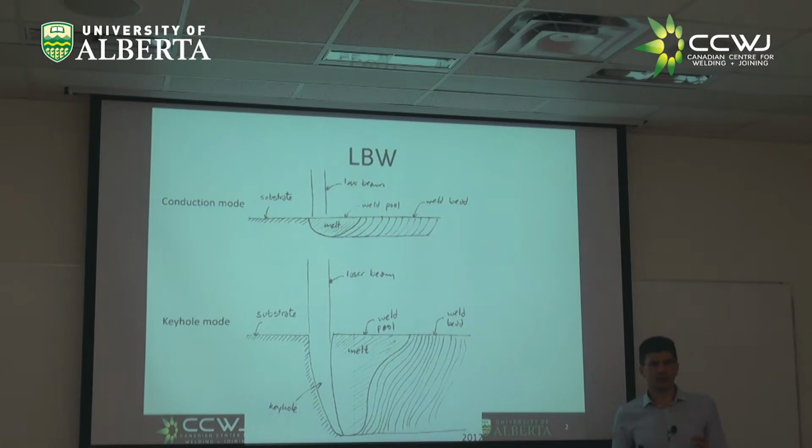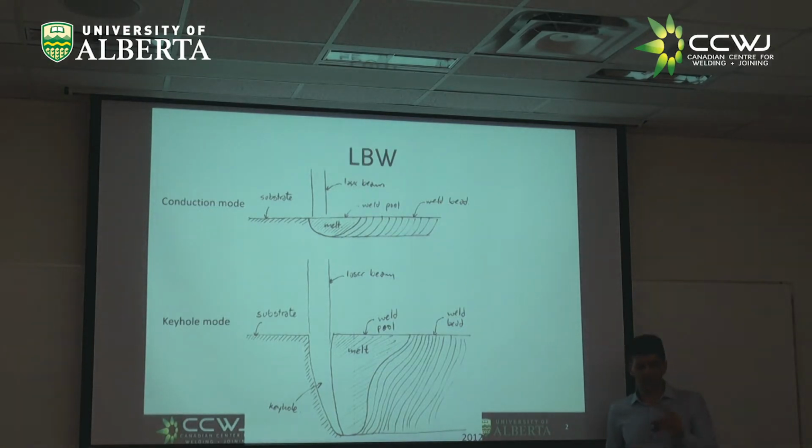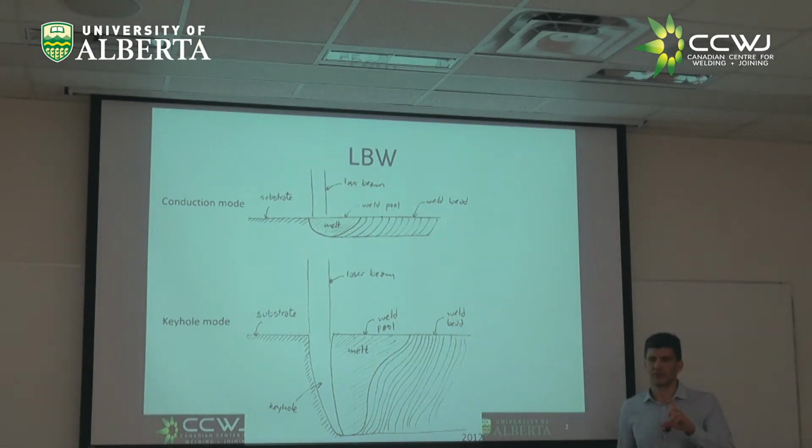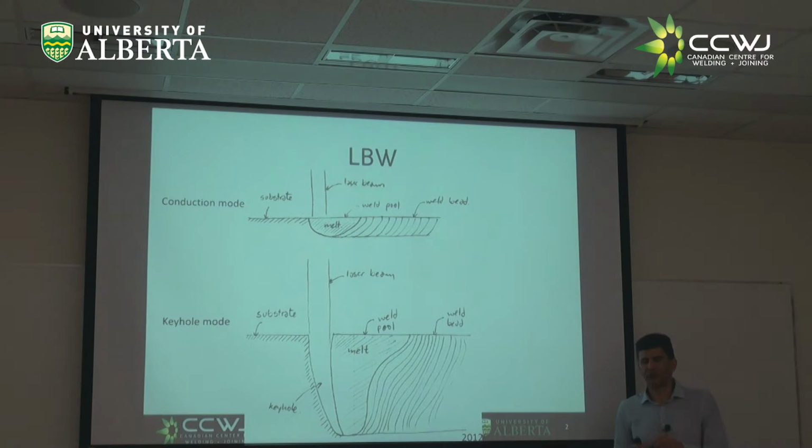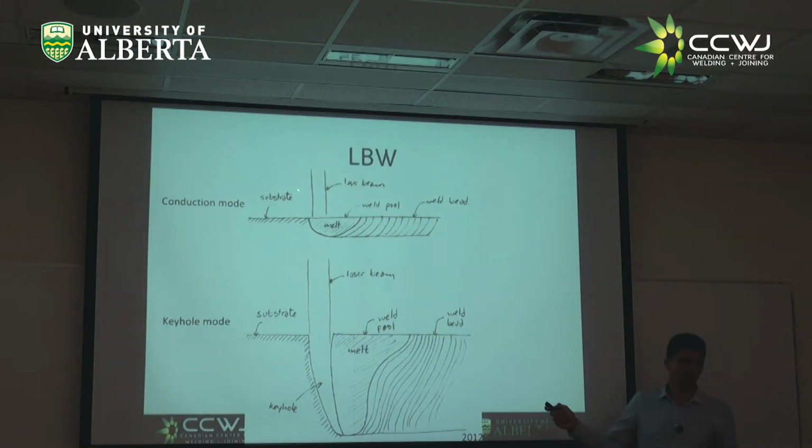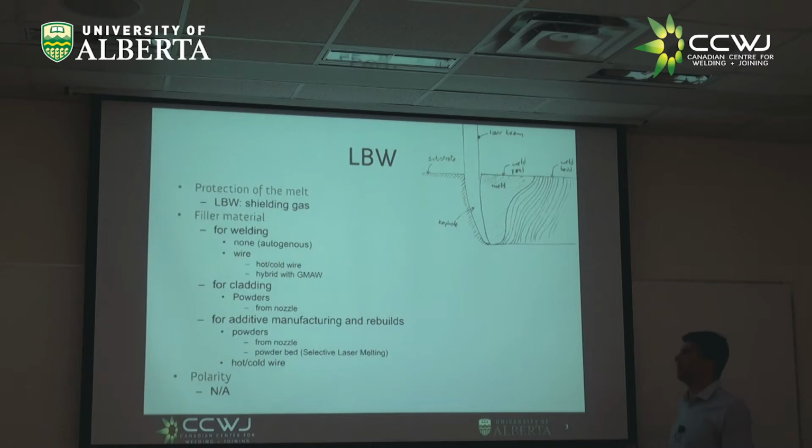Which one do you think is going to have a bigger width to depth ratio? Keyhole, big time. This can be a depth to width of a factor of 10. This is 1 or 2, right? Or 1/2 actually, right? It's a very different type of application.